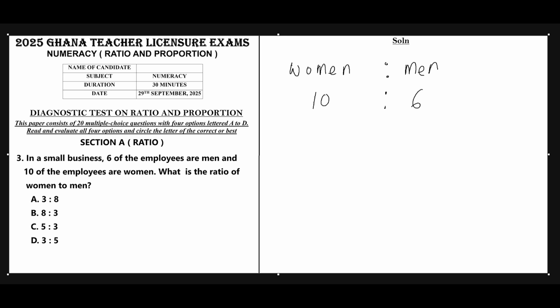10:6. But remember that ratio can also be expressed as a common fraction. That is, 10:6 can also be written as 10/6. And we know that anytime you are working with common fractions, your final answer must always be in the lowest form. So let's reduce 10/6 to the lowest form.